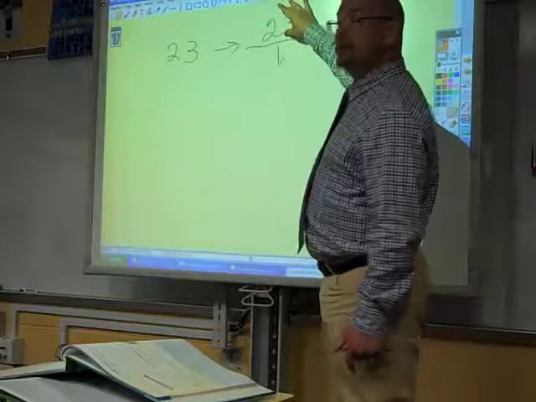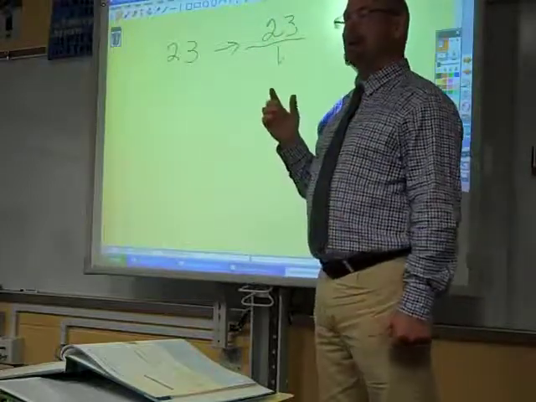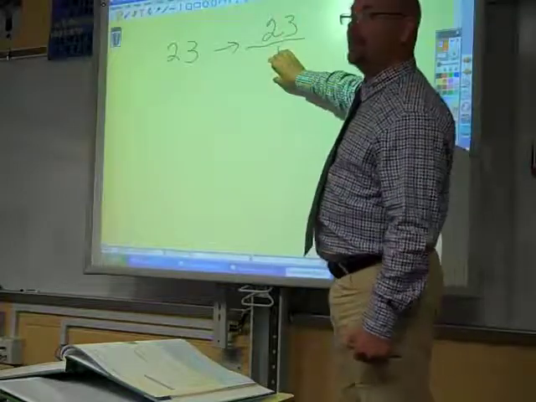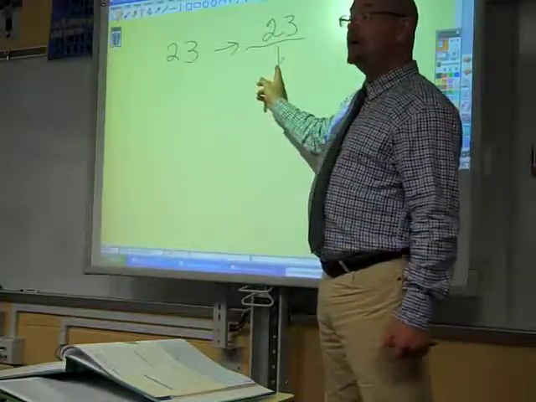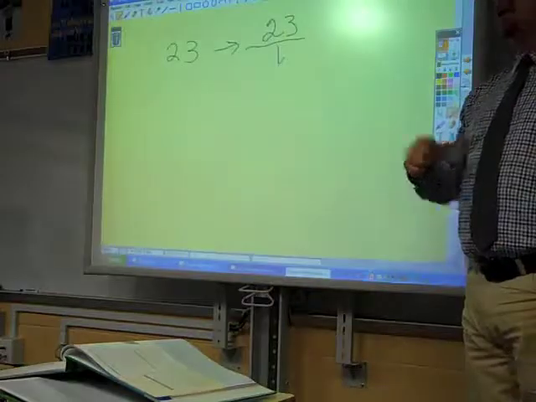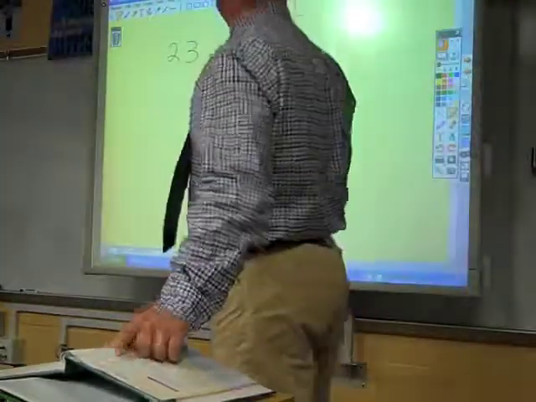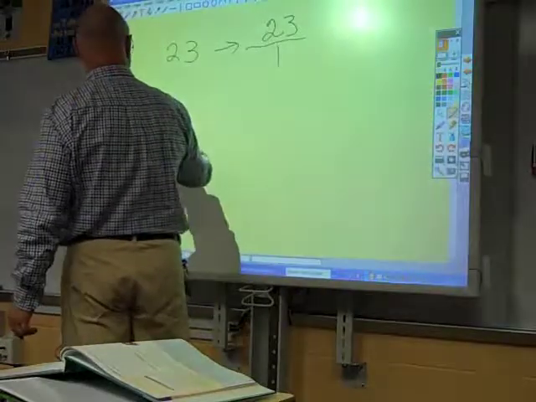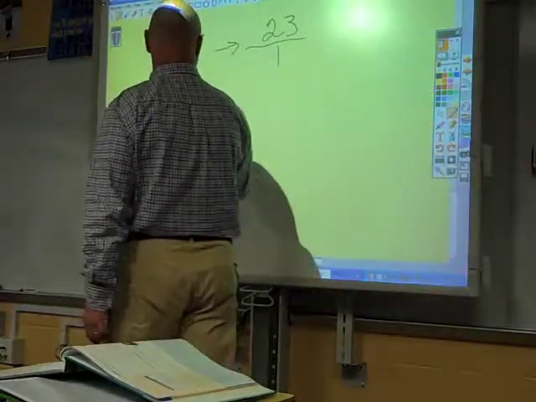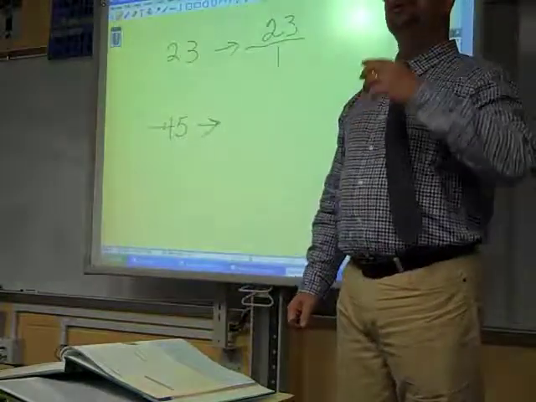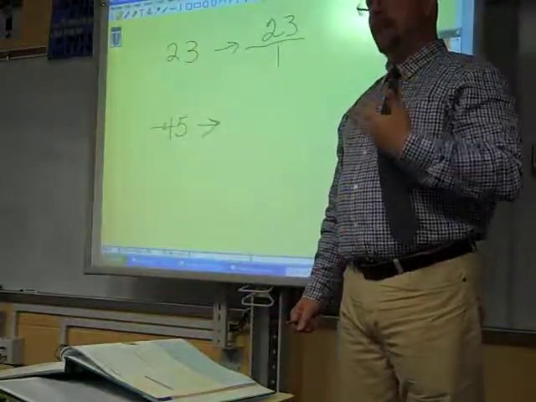Is this a number? Come on, more participation than that. Yes. Is this a number? Yes. Is this 0? No. Is that a rational number? Yes. Okay. Part B, negative 45. When you have a negative, just give one of the two numbers the negative sign.